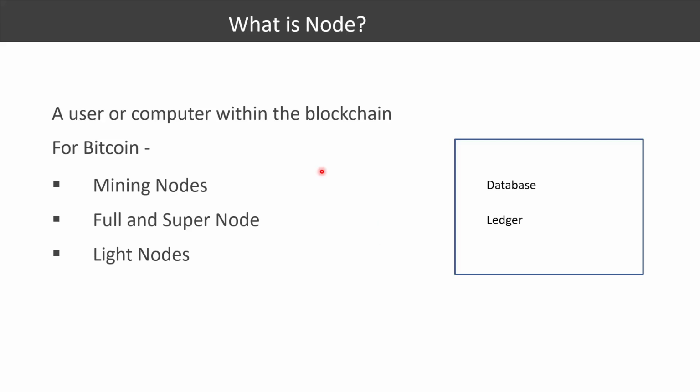So, a user or computer with a blockchain for Bitcoin, if we talk about nodes, nodes generally have the ledger. There is one ledger for Bitcoin, one ledger for Ethereum, and one ledger for other blockchains or distributed ledger technology products as well.